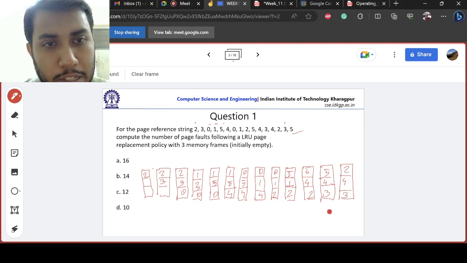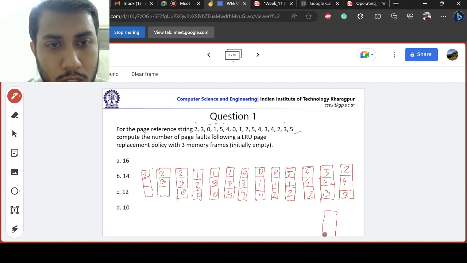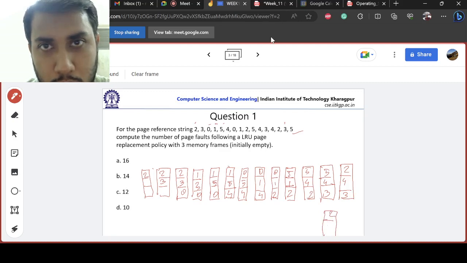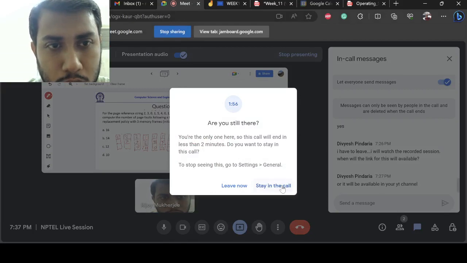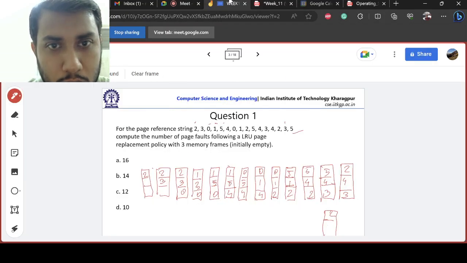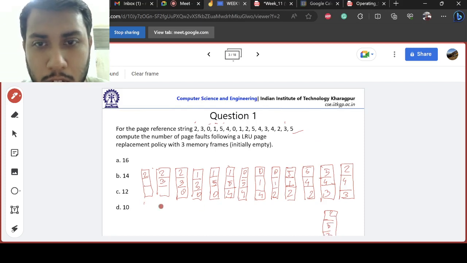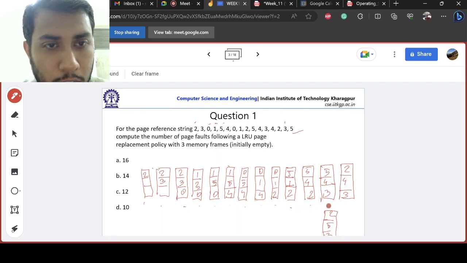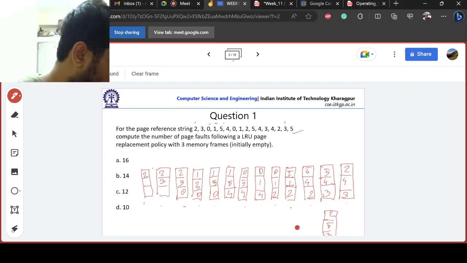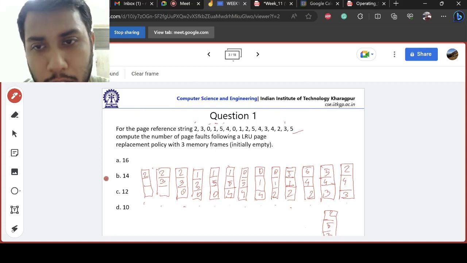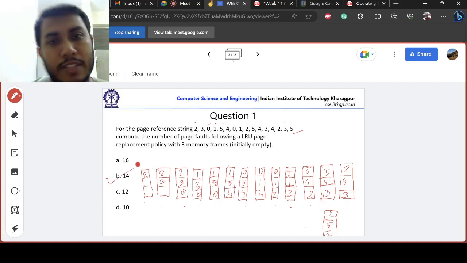Then 5 comes, the least recently used is 4, so 2, 5, 3. So the number of page faults: 1 2 3 4 5 6 7 8 9 10 11 12 13 14. Correct. So the correct answer is B, 14. 14 is the correct answer.